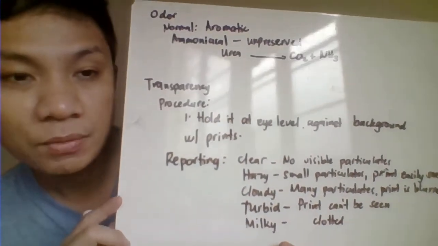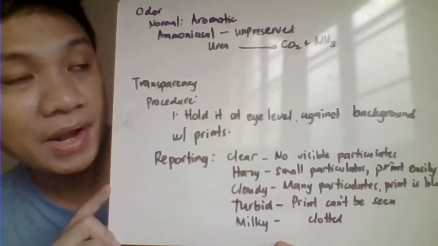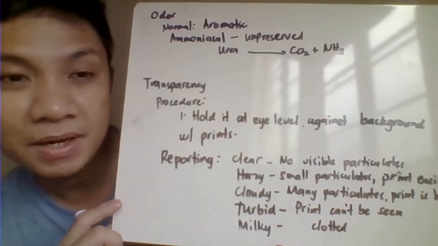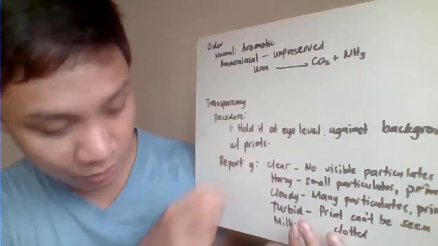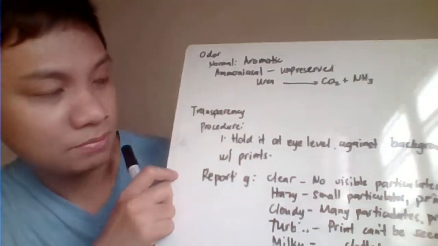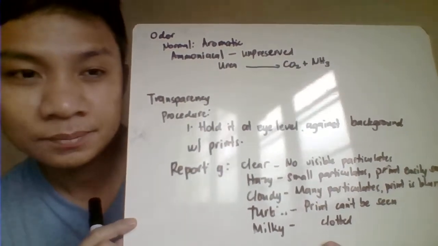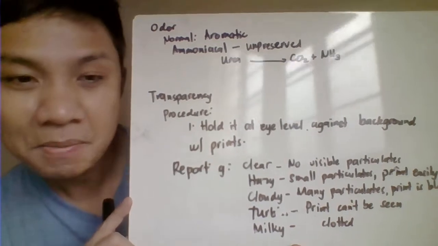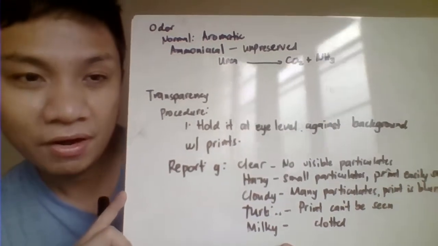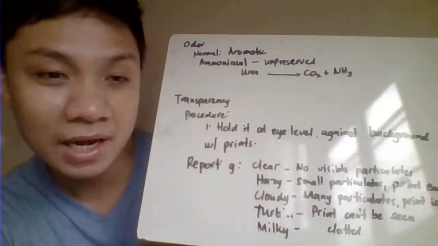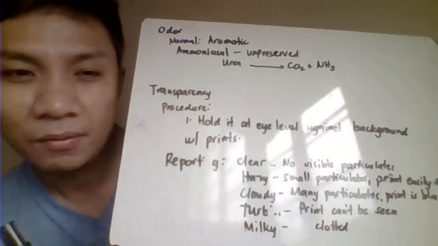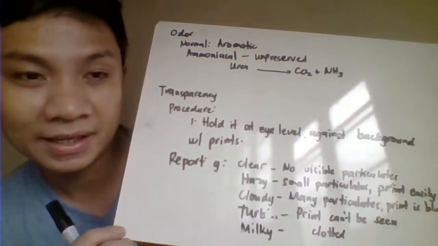Another parameter that we take into consideration in your physical examination is the odor. Routinely, we are not reporting the odor. So if you check a urinalysis result form, there is nothing indicating the odor of the urine.